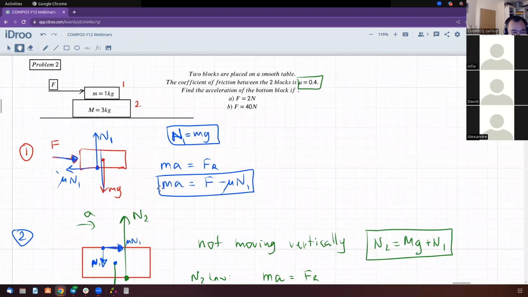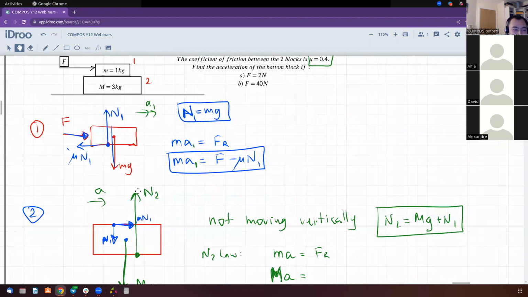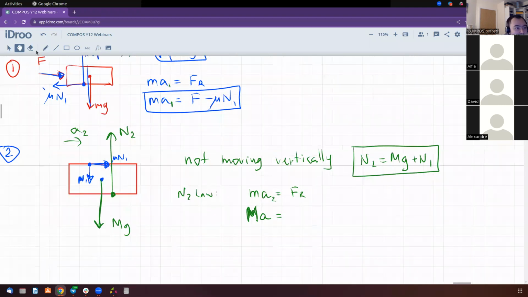Interesting. This is acceleration A1, because we don't know whether they accelerate together or not. They're both accelerating, but not necessarily at the same rate. So this will be M A2. The bottom block is accelerating at A2. M A2 is equal to mu N1.